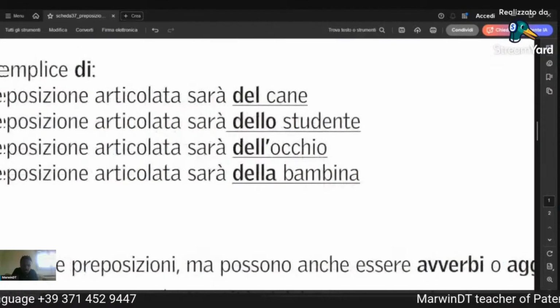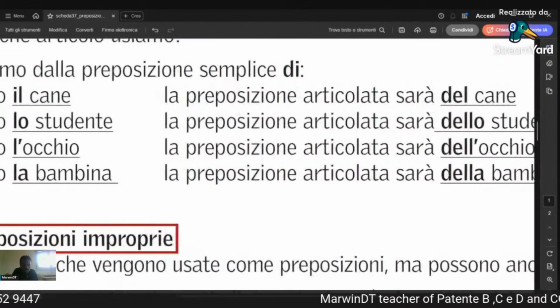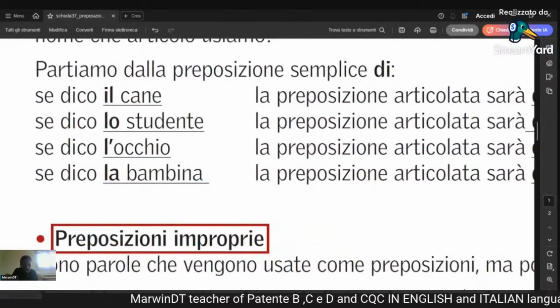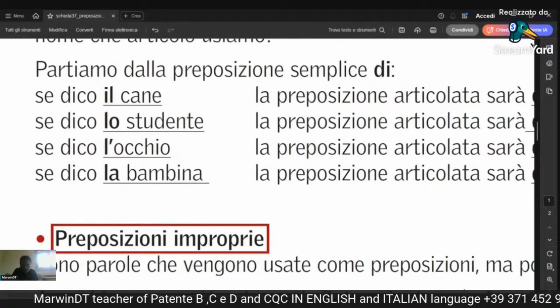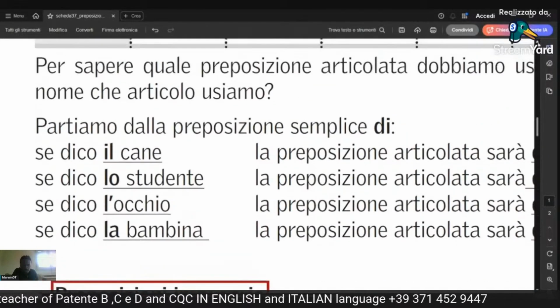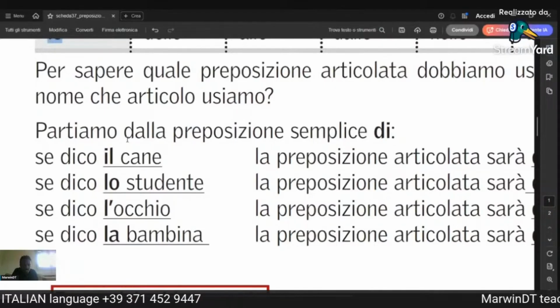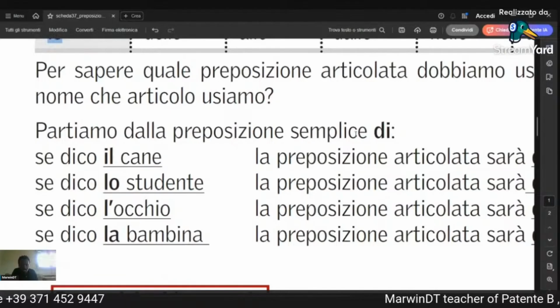Now, let's take a look at the examples of the preposizioni. Partiamo dalla preposizione semplice.